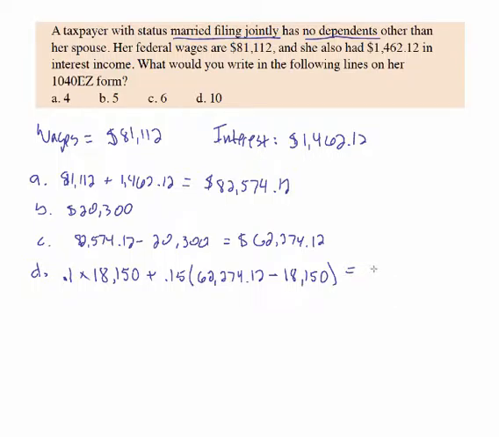Now we have some arithmetic to do. We do 0.1 times $18,150 plus 0.15 times its difference. And what we end up with is $8,433.62. That's the amount of tax this person would owe, and that's what they would write on line 10.